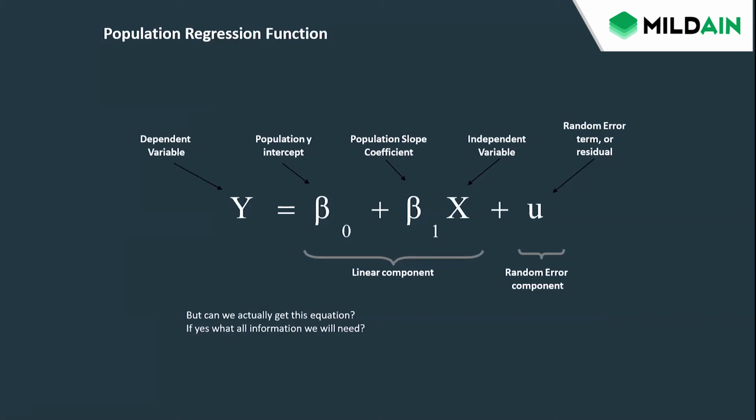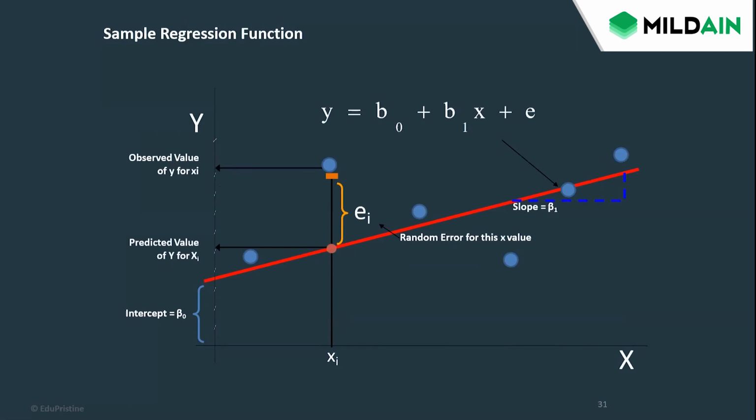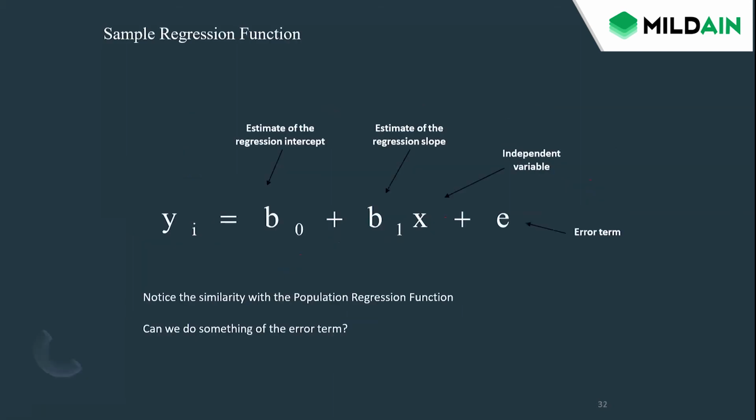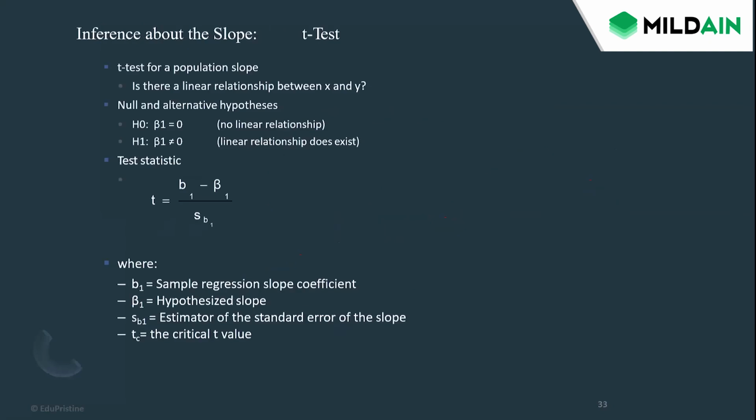U is the random error; somebody will use the notation E also. E i is the difference between the predicted and the observed value. This is the random error for this X value. The slope goes with the best line to the predicted line. This is the pictorial representation I have taken.